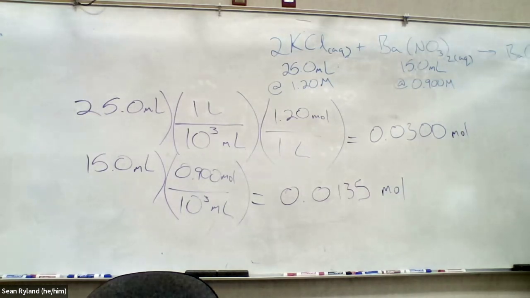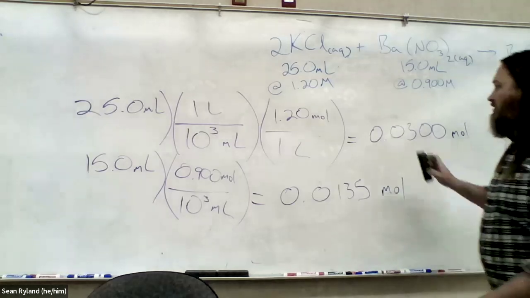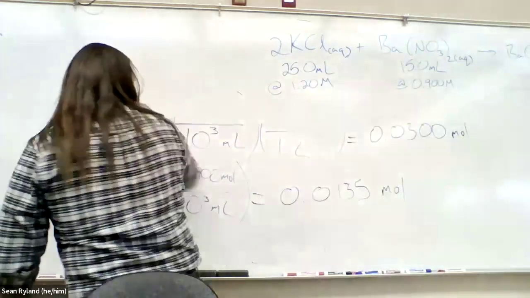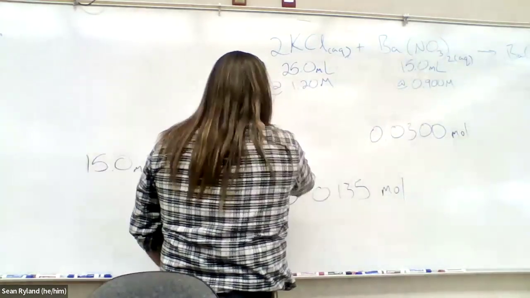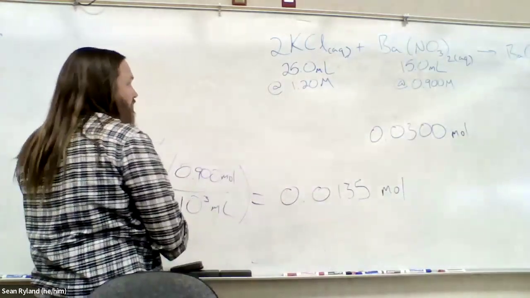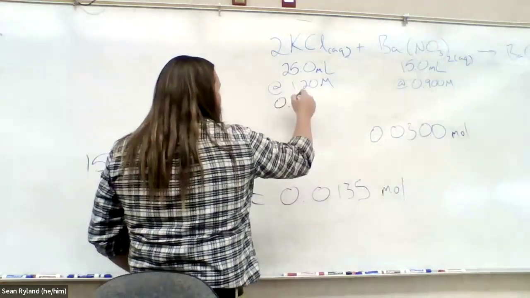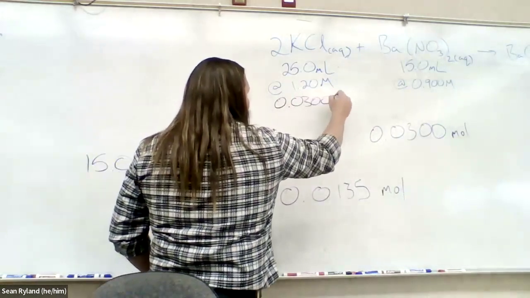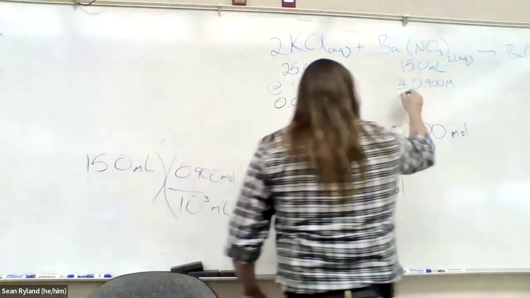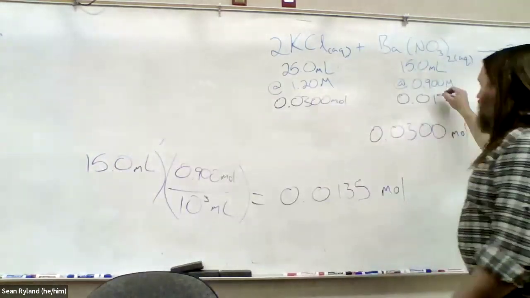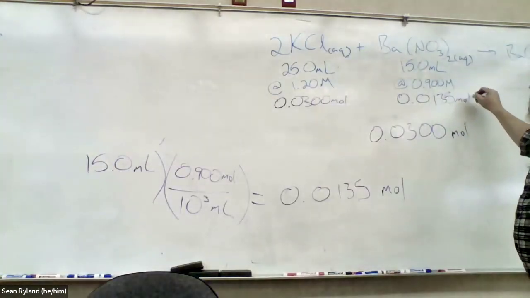This is enough to figure out what's going to run out first. If you're good at mental arithmetic, maybe, but if not, we can show our work here. So we have 0.0300 moles here and 0.0135 moles.